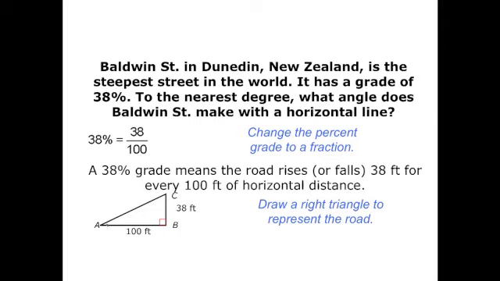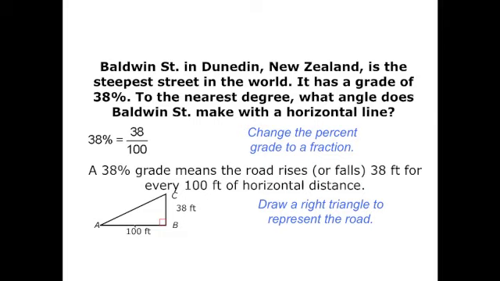Well, from A's perspective, I do not have the hypotenuse, because that would have been AC. So I have the opposite and the adjacent. The opposite being the 38 feet, because CB is the side that did not make up angle A. Angle A was made up by AC and AB. So 38 is the opposite, 100 is the adjacent.